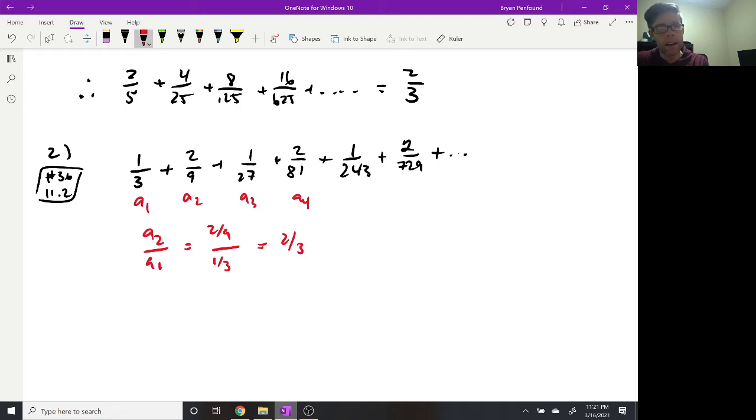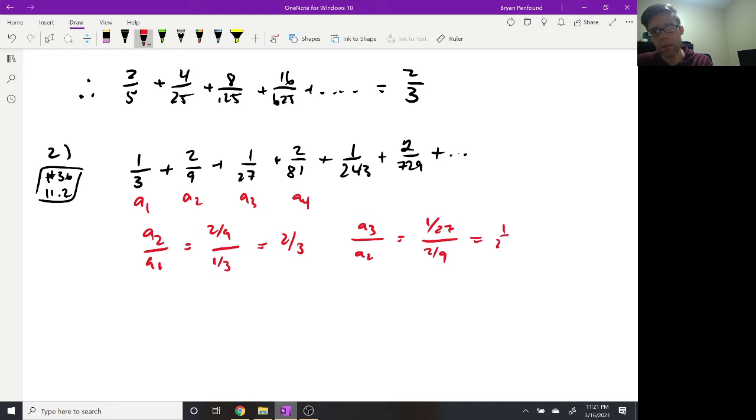So it should give us 2/3. And if we keep going, I want to see if the next ratio is also 2/3. I don't think that's going to work. If we take A3, which is 1/27, and divide by A2, which is 2/9, that's not going to be great for us, right?